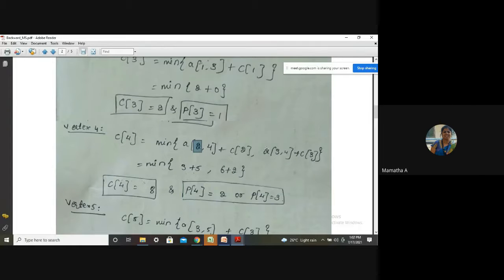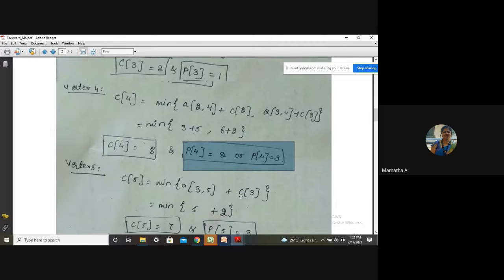You don't tell me, ma'am, we will break the tie and take 2 because 2 is least. But you should not do that. You should take both the values. P of 4 is equal to 2 or P of 4 is equal to 3. Are you understanding?